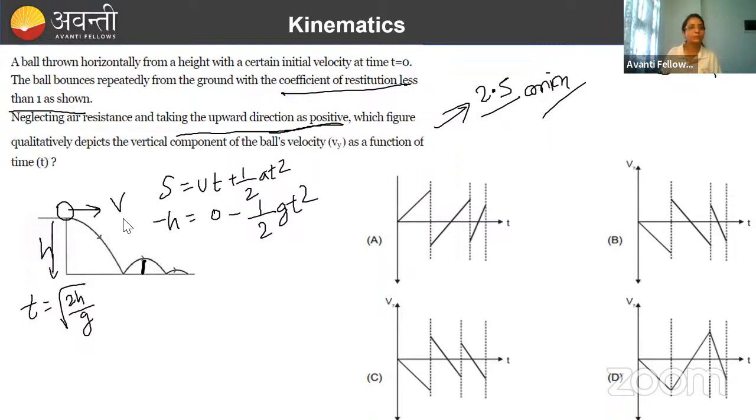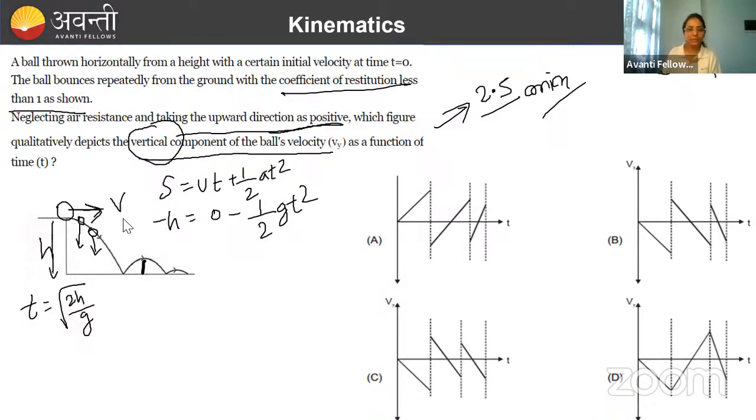So initially the velocity is in the downward direction. Like, it was thrown with horizontal velocity, but as it comes down, because of acceleration due to gravity, it will have a velocity in the downward direction. Done. So we only had to draw the vertical component of velocity, not the exact total velocity. We were supposed to draw the vertical velocity versus time curve.